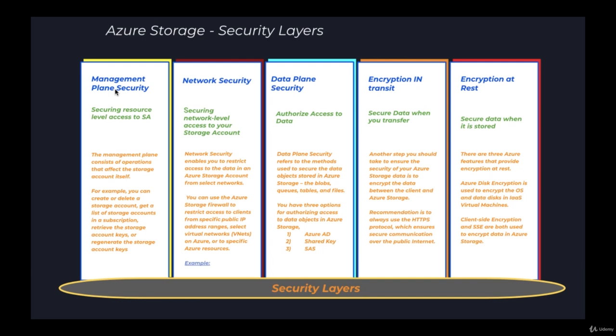When we talk about management plane security, another thing we need to take care of is the storage account keys. Remember in the first lecture we discussed that whenever we create a storage account, two keys, a primary key and a secondary access key, are generated. We need to make sure the security of those keys is maintained because those are the keys to your kingdom.